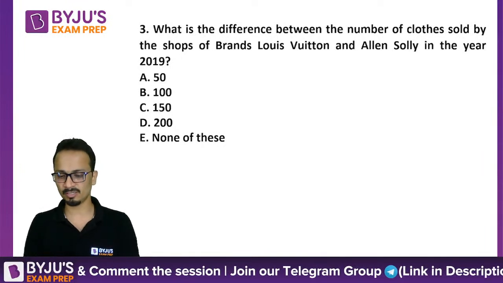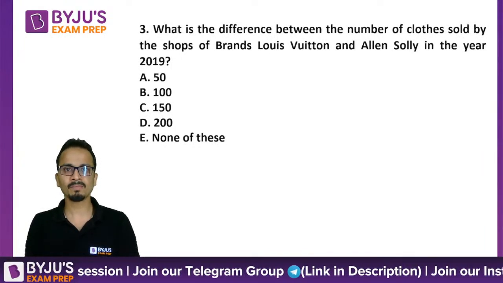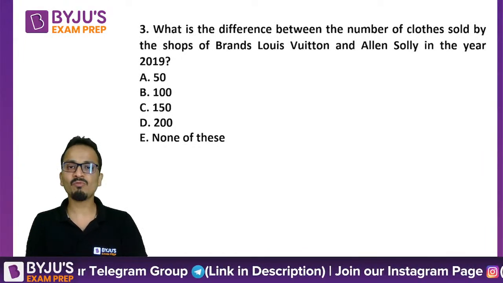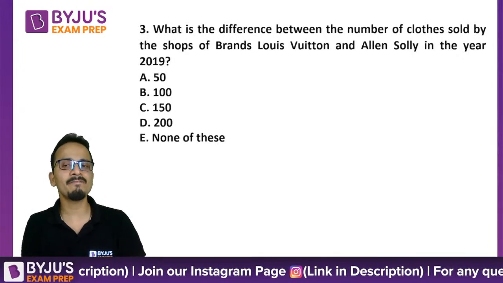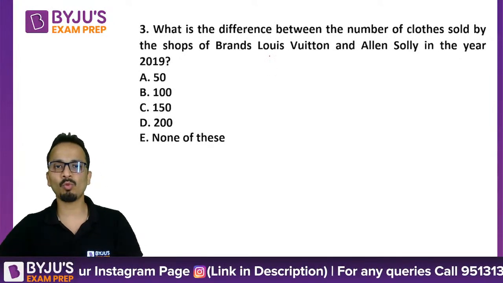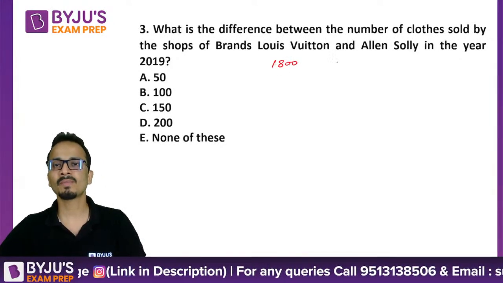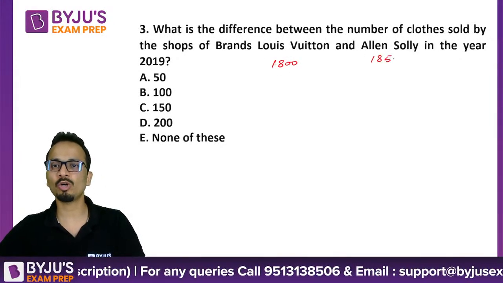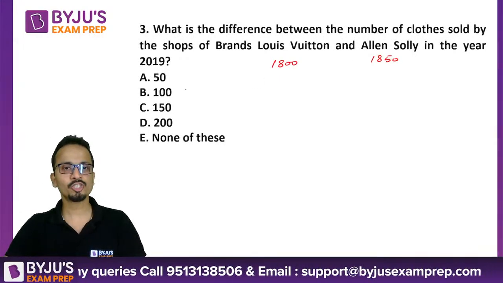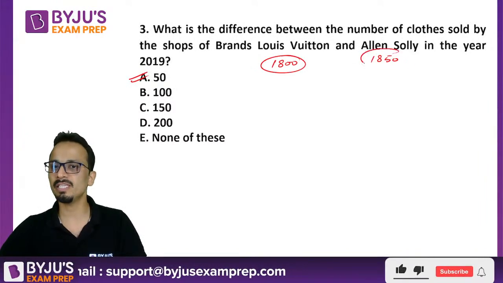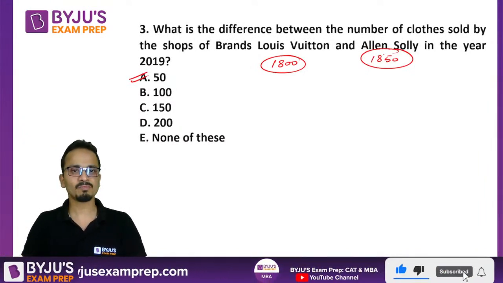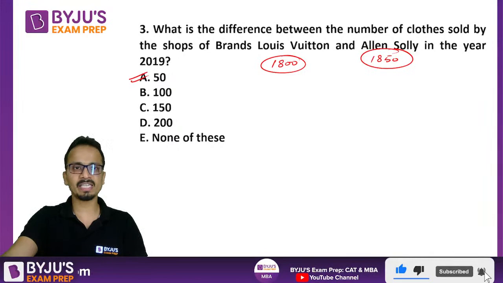For Louis Vuitton, the sum was 1800, and for Alan Solly, the sum was 1850. So the correct answer will be 50, the difference between these two numbers. Once again, all of you have given it correctly.